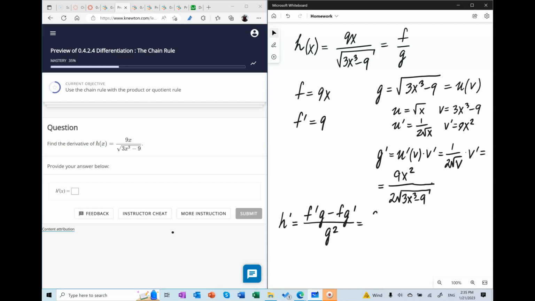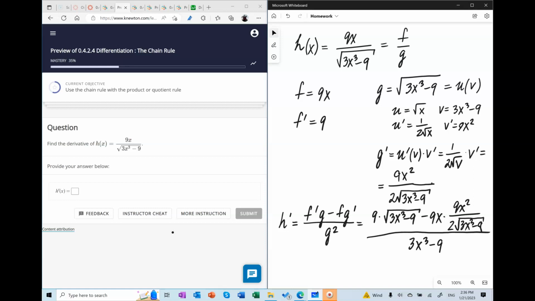So f prime is 9, g is square root of 3x cubed minus 9, minus f, which is 9x, times g prime, which is 9x squared over 2 square root of 3x cubed minus 9, and all that divided by g squared, which is simply 3x cubed minus 9.